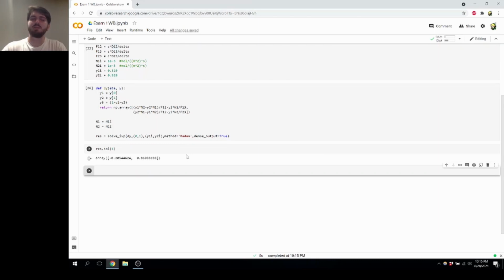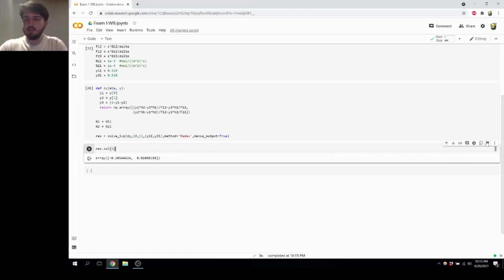But there's an issue with this. These are supposed to be the molar fluxes, but these aren't the molar fluxes, because the molar fluxes should be approaching 0. Since we're solving at 1, that's the eta at 1, they should be approaching 0. These are obviously not anywhere near 0. That one a little bit closer. It's not the same thing. So with that, we don't have that down.